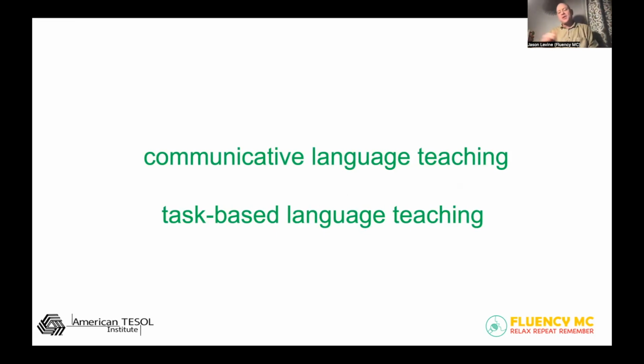So, for example, a communicative language teaching classroom, if a student is getting enough exposure outside of the class, watching TV series, listening to songs, and this is how I use CLT, then when they come to class, we can do an activity, which is very much a CLT activity, or we can do something that's more task-based. Both.